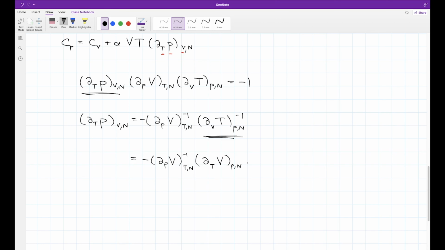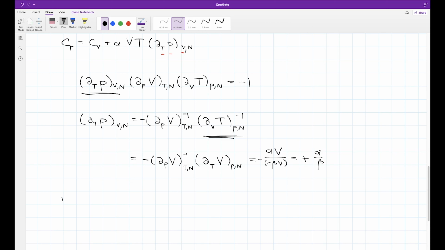Excellent. Now we can rewrite these in terms of the quantities that we know. Because this is in the numerator, this is just alpha times V. And then this is in the denominator, minus beta times V. In other words, when we cancel everything, this is plus, because these two minus signs cancel, alpha over beta.